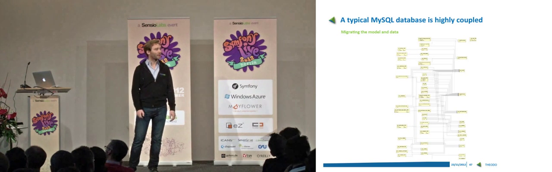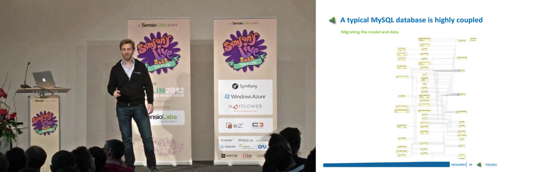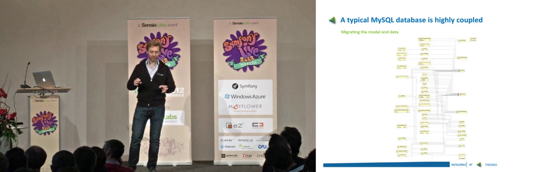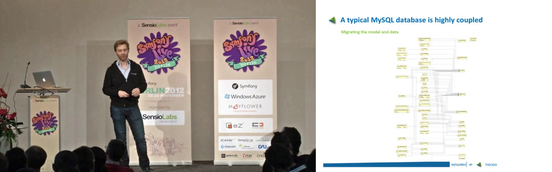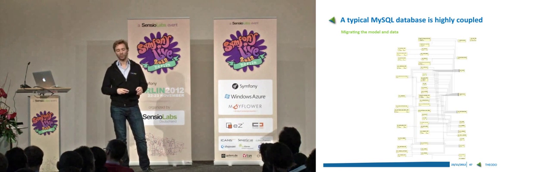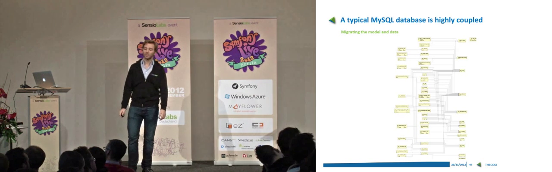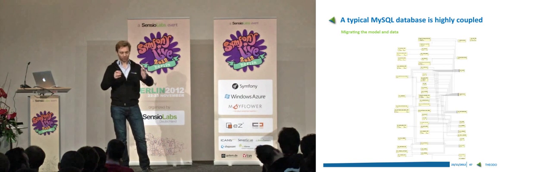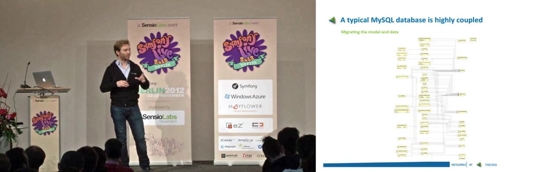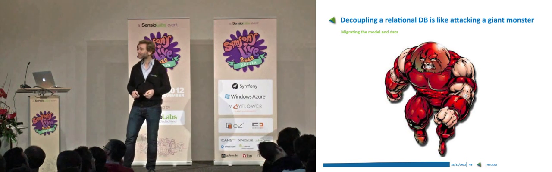And so you see that every table is connected to at least 5 or 6 different other tables, which means that a module that relies on a table basically relies indirectly, because of the relational aspect of the database, on 5, 6 other tables which are in different other modules. So trying to somehow isolate parts of the model and cut the model in pieces to rewrite some aspects of it, I feel like trying to cut this guy in pieces.